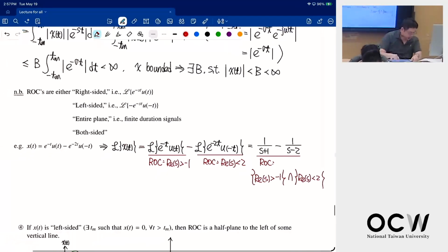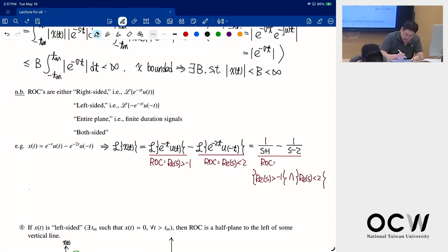So if we plot this, here's minus 1, and here's 2. Minus 1 and 2.